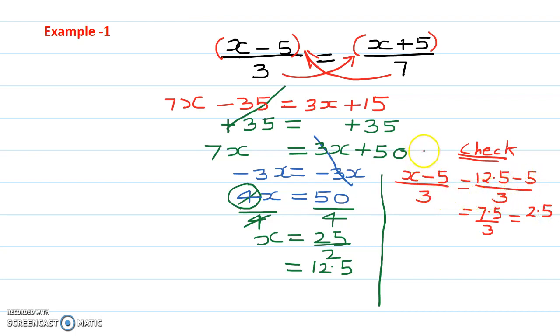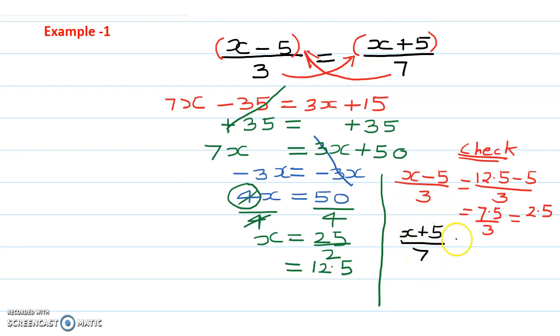All right, so this left part we have checked. Now the right part. Let me choose a different color. It is (x plus 5) over 7.